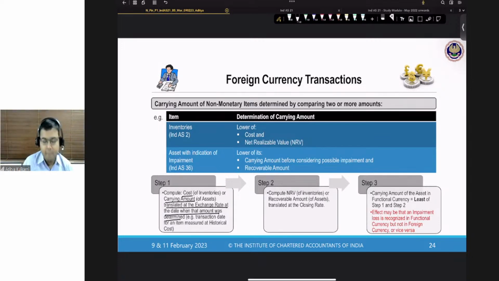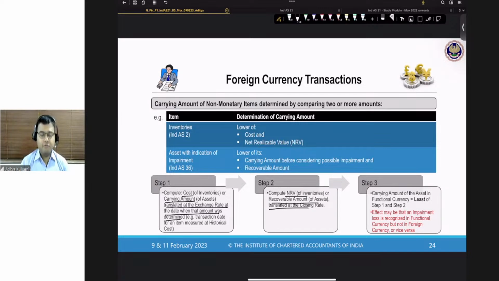Okay. First of all, don't jump into giving the effects of impairment or the effects for change in cost and NRV calculations. Don't jump to give the impact for that. You will compute the NRV or the recoverable amount of assets based on the closing rate.